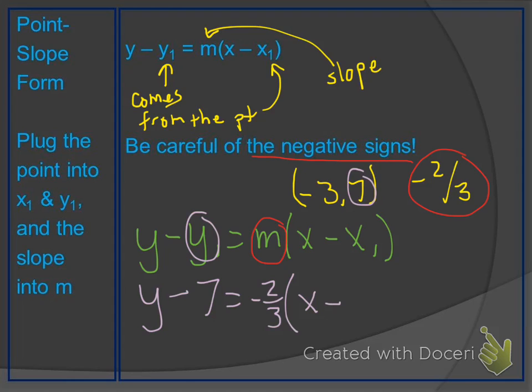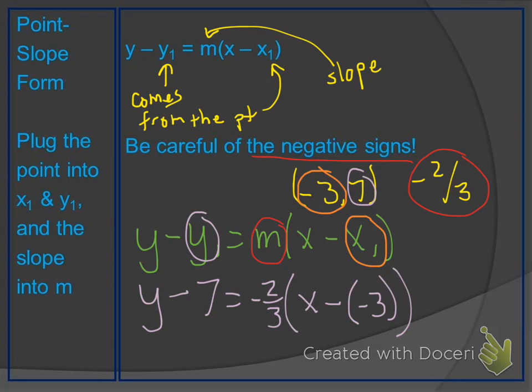Now it says minus, but then if we look back at the problem, we see that x is -3. So I will say minus -3. Now we all remember, these two negatives right here actually are going to create a positive. Let me pick a different color for you.